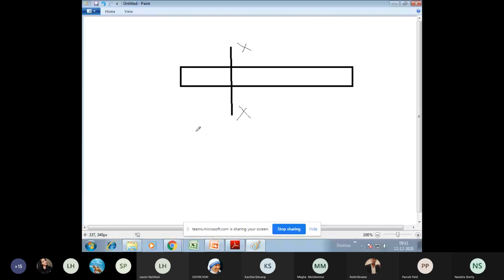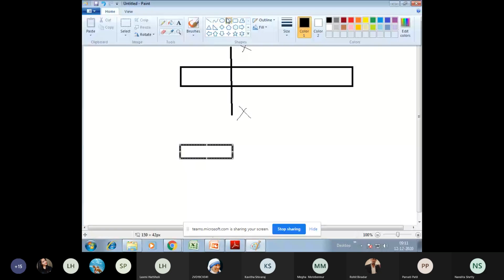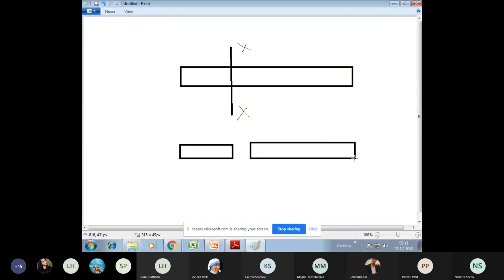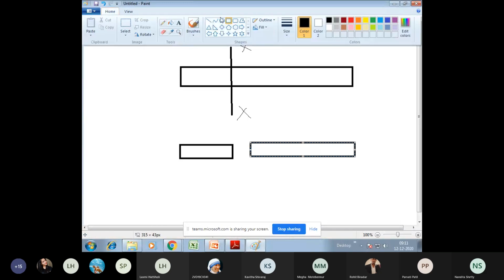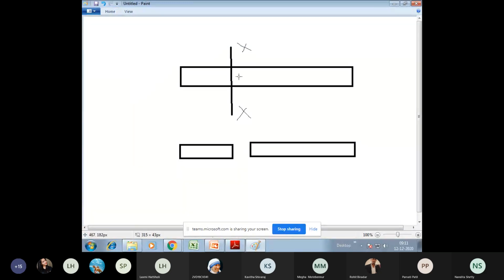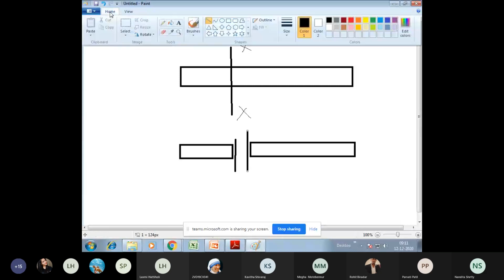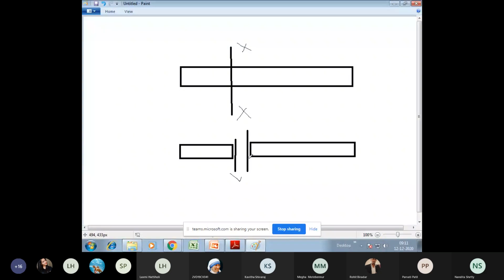I'll show this portion here and this cut portion here. If I cut the beam and show you the free body diagram, then you will understand how the shear force is acting. At this particular section XX, this is how the shear force is generated.